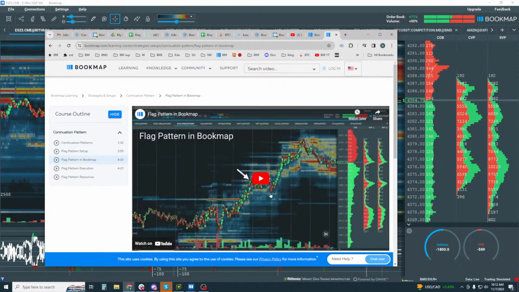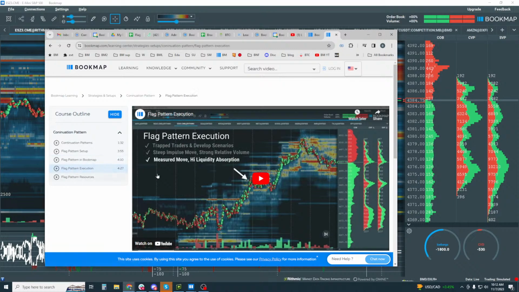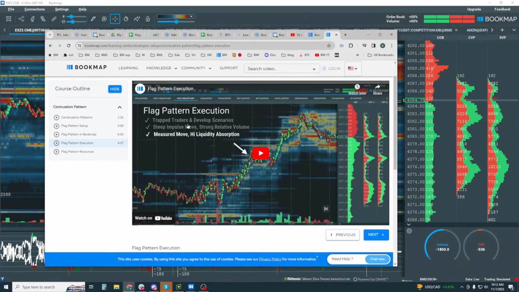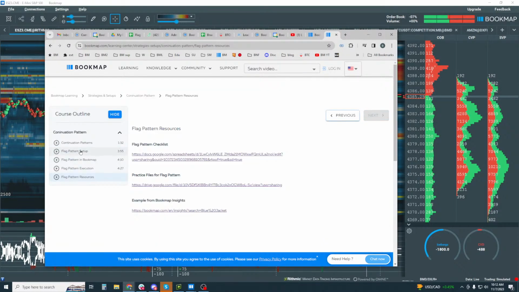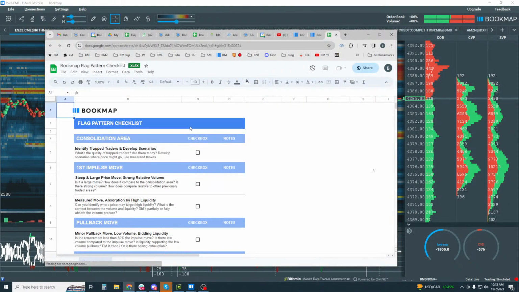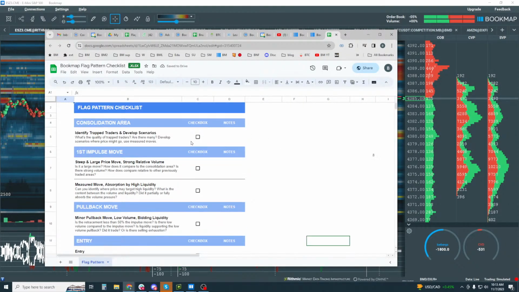Then what it looks like in Bookmap, identifying that same diagram in Bookmap, and then the execution one, which is the most important video here. It's how to execute and what to look for in a checklist. That checklist is also here. If you go to the resources, you can click on the flag pattern checklist, and this will go through that checklist.